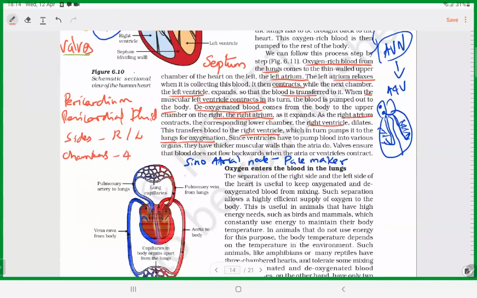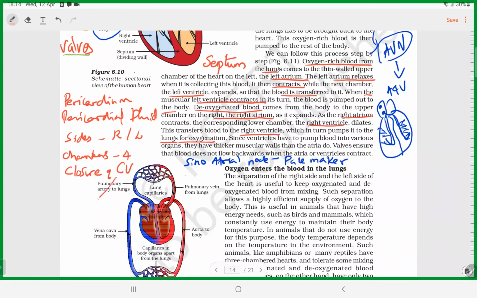Okay, fine. Now, after this process, what should occur? After contraction of the ventricle, what should occur? Semilunar valves must close. Okay, semilunar valve must close. So, closure of cuspid valves produces what sound?